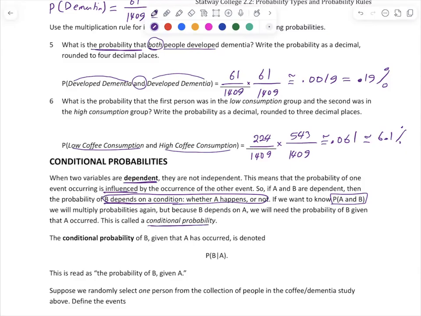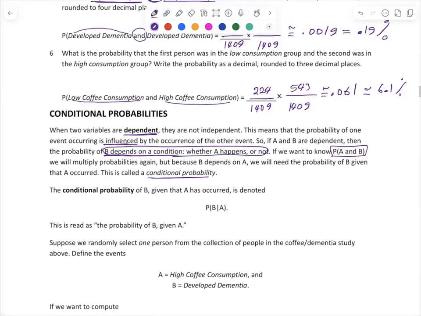So it's not simply the probability of A times probability of B. Now you have the conditional probability of B given that A has happened. This is denoted by P, probability of B given A. So this is probability. This is probability of event B. And this vertical line you read as given and event B.